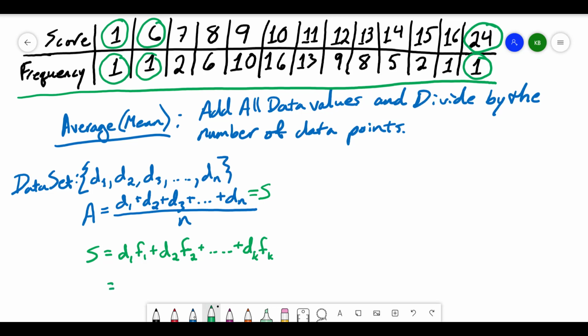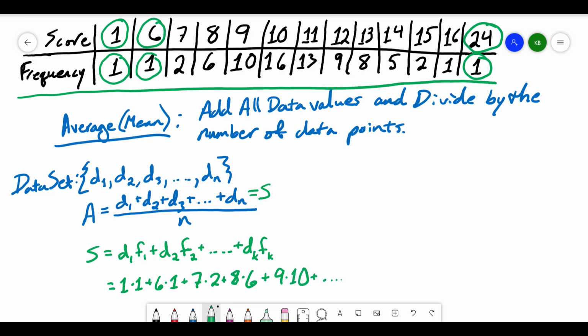So in my example, I'll have 1 times 1 plus 6 times 1 plus 7 times 2 plus 8 times 6 plus 9 times 10.